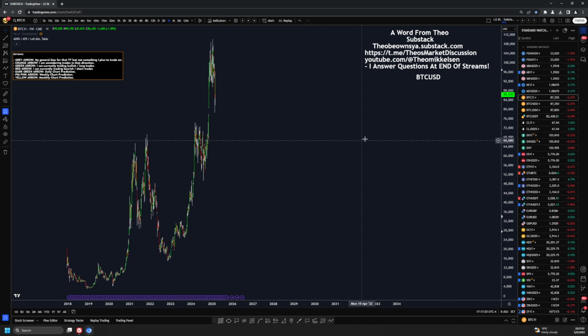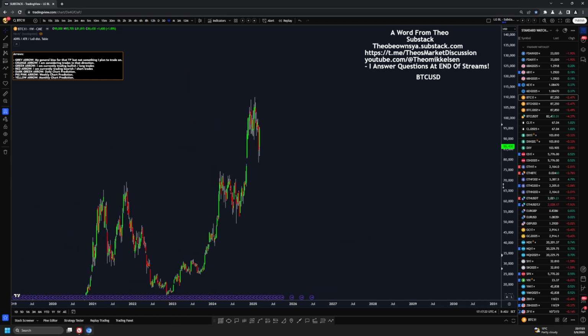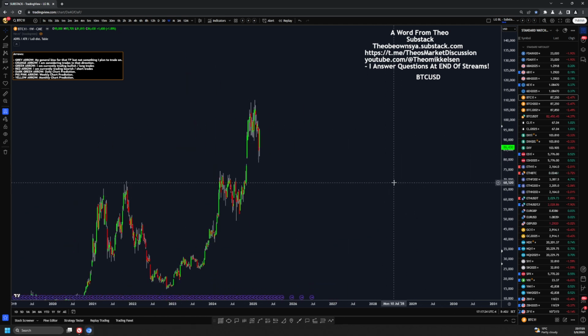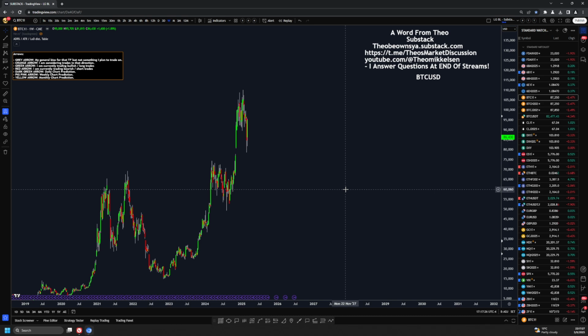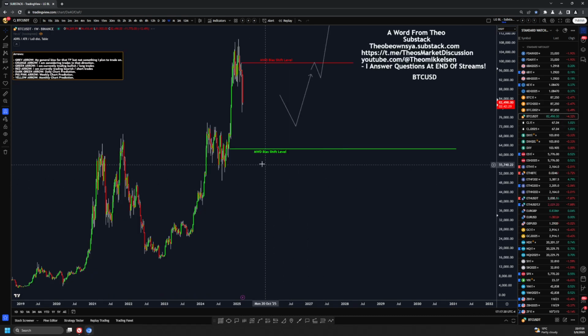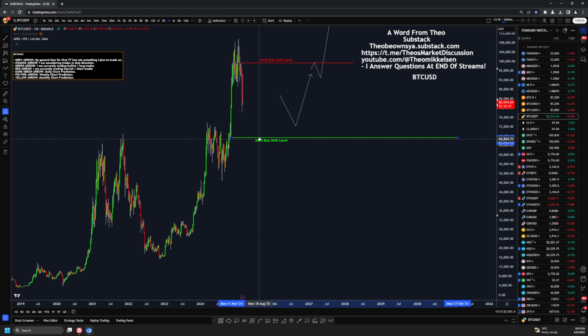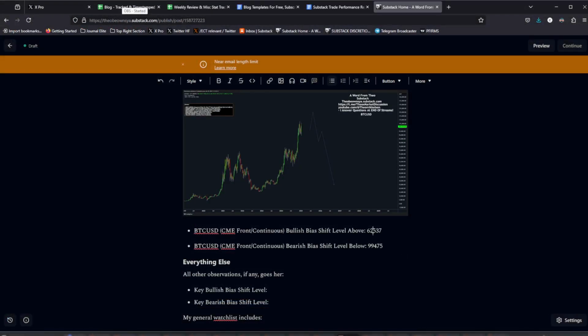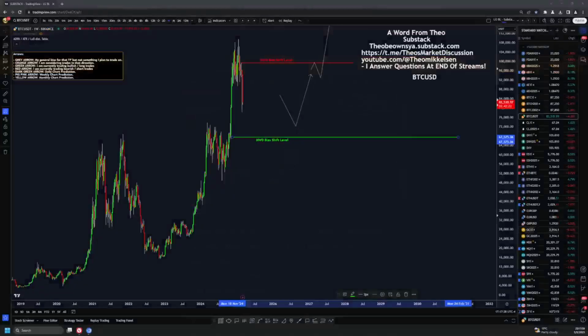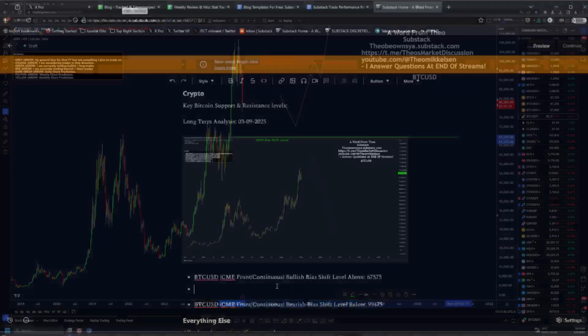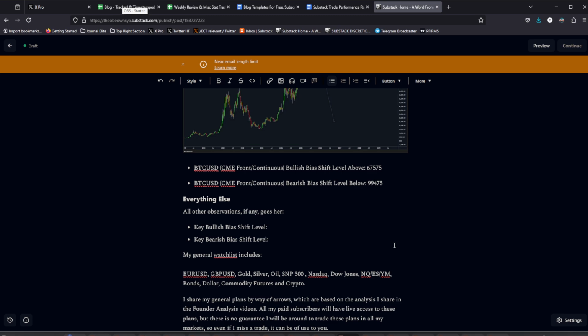It changes a little bit when we look at this chart here, so that is where we are on the continuous chart. And with that in mind, I might actually move this a little bit higher and just say 67,000. 67,575, and just put that as my level on the Binance chart.